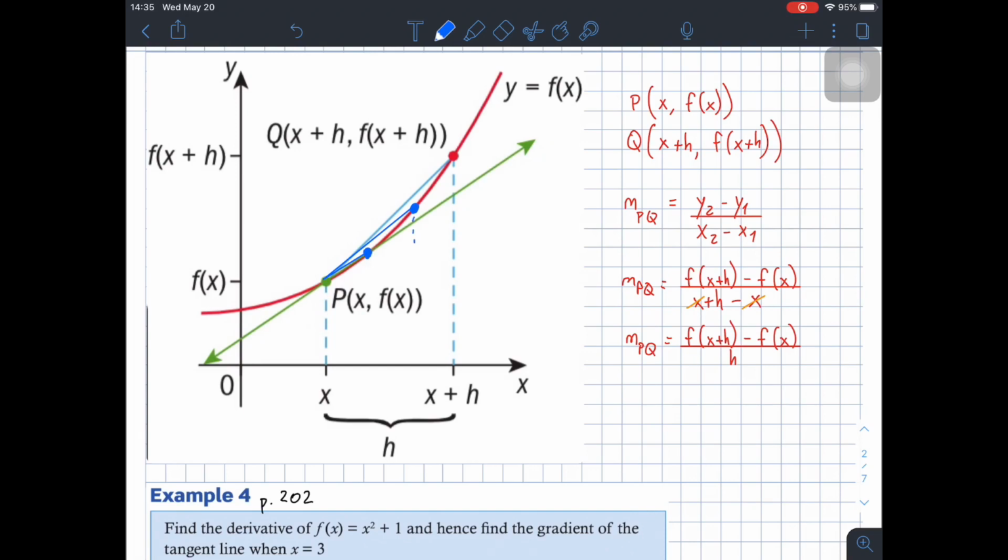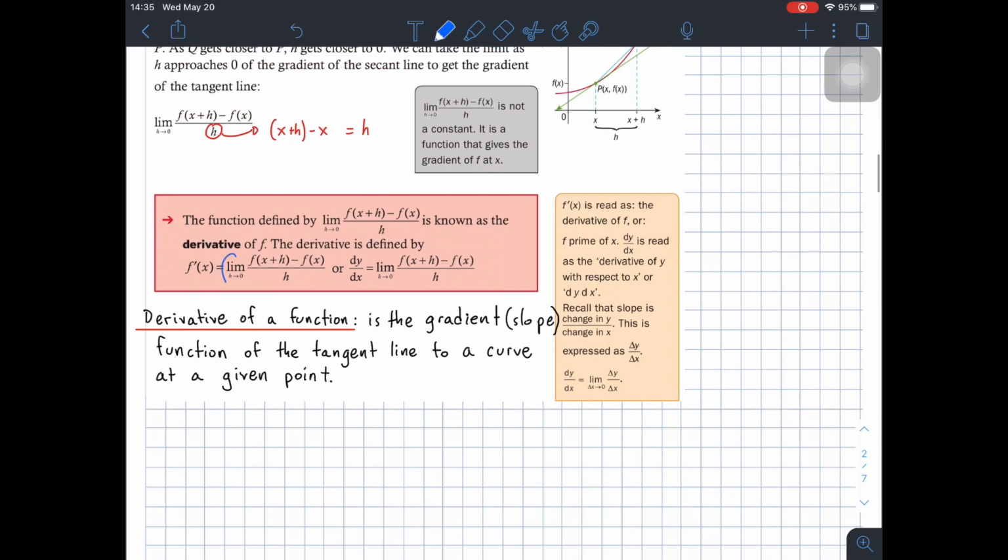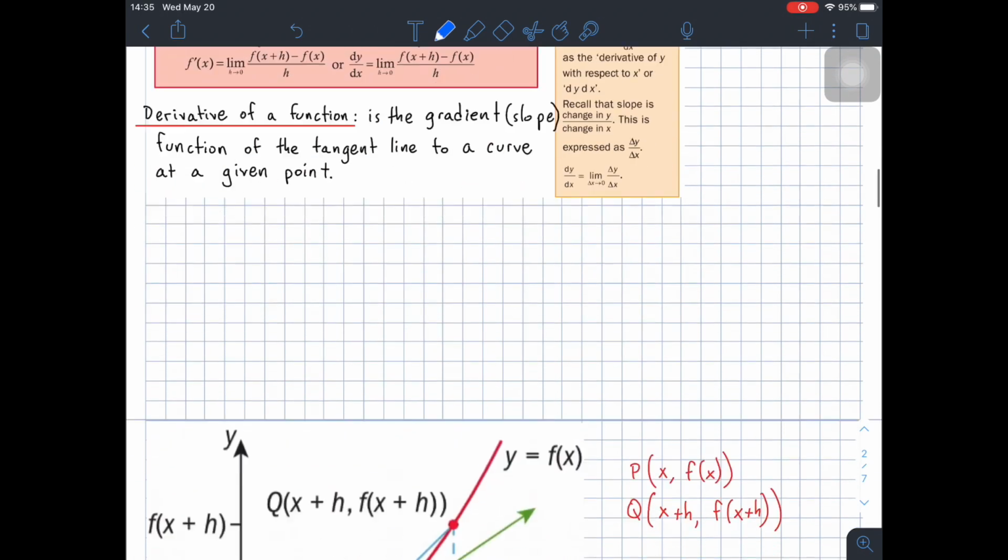So what I'm doing here is basically reducing the value of h until it becomes infinitely small, which is when we approach h to 0, like the definition tells us to do.